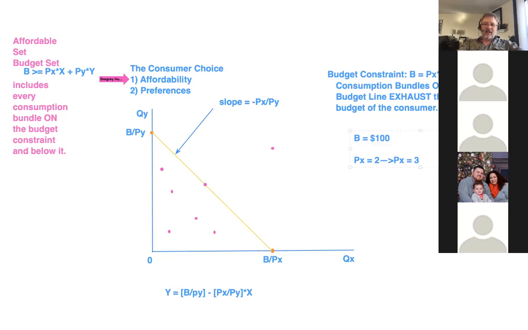And then have it change again and have the price of X equal to 4, right? So originally you could purchase 50 units, right? So if the price of X is equal to 2 here, then I can at most afford 50 units of X, right?